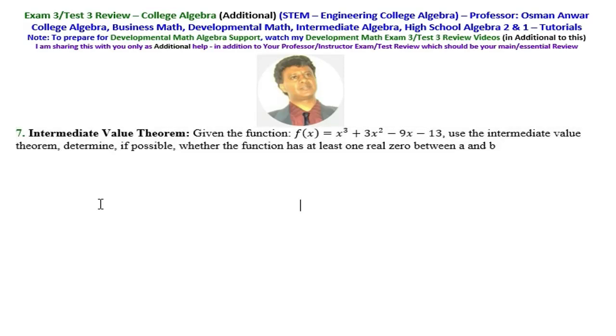Number 7 is intermediate value theorem. Given the function f of x equals x cubed plus 3x squared minus 9x minus 13, use the intermediate value theorem to determine, if possible, whether the function has at least one zero between a and b. So a equals minus 5 and b equals minus 4.